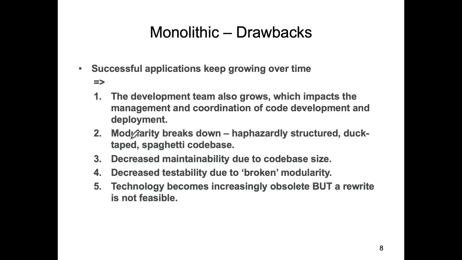A lot of hacks tend to be implemented and the modularity breaks down. It starts off as a really nice modular application, but as it grows over time, and maybe not necessarily because of bugs being resolved, but as new features are being requested by your customer.